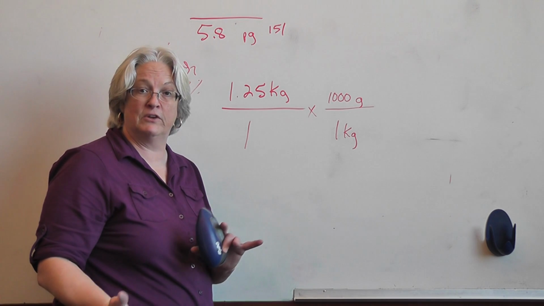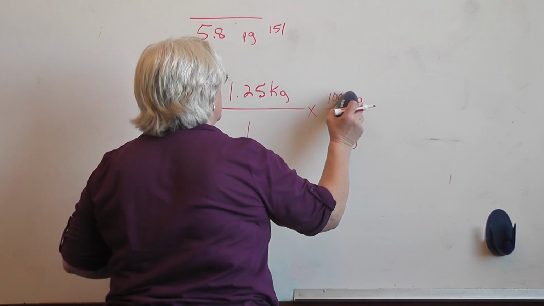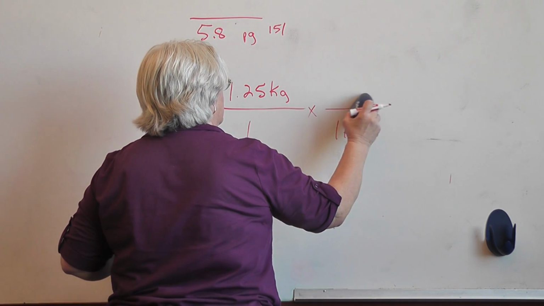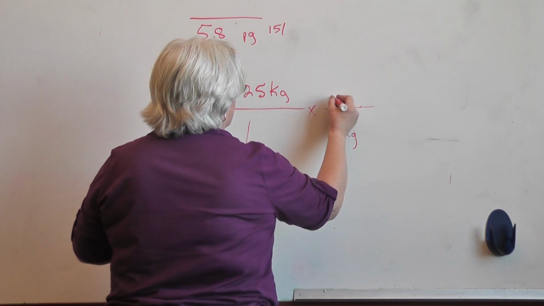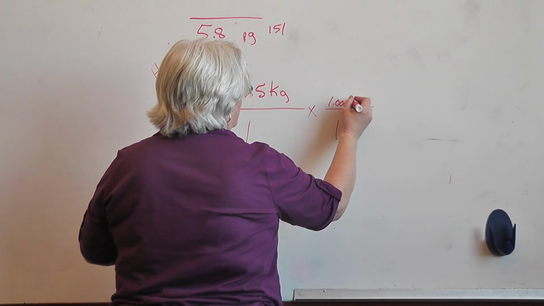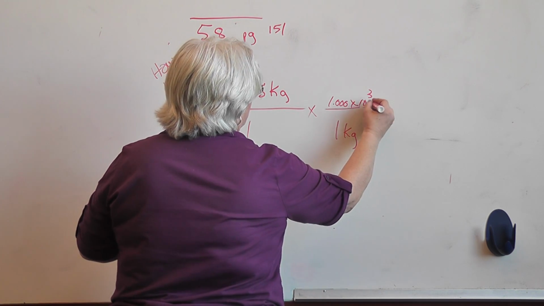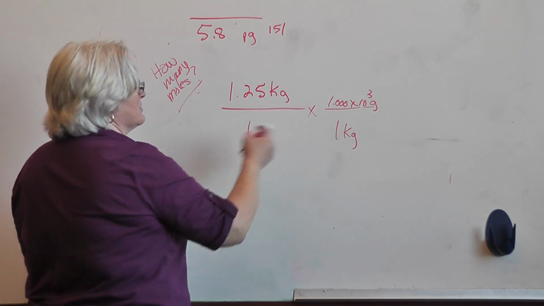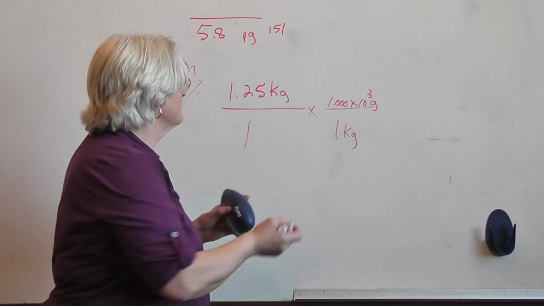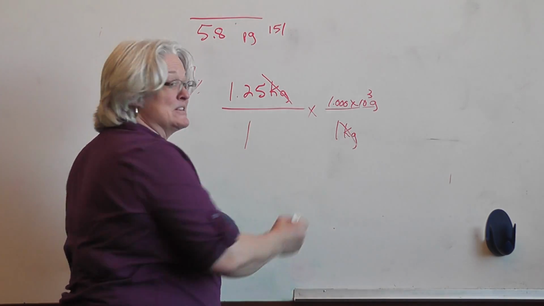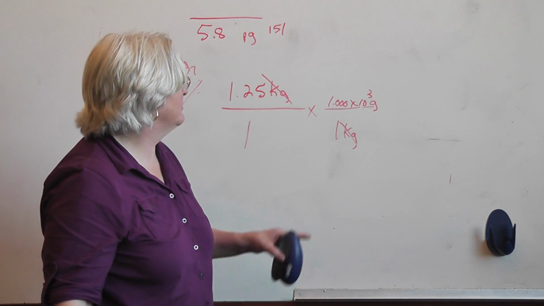If we use scientific notation, what are we going to have? 1.000 times 10 to the third grams. Now our kilograms are going to cancel, right? Let me see how much room I still have left.